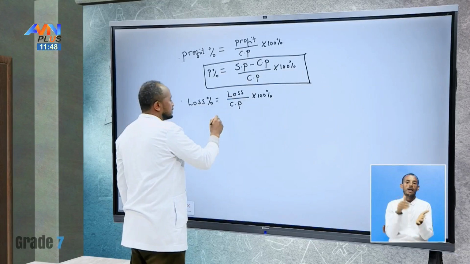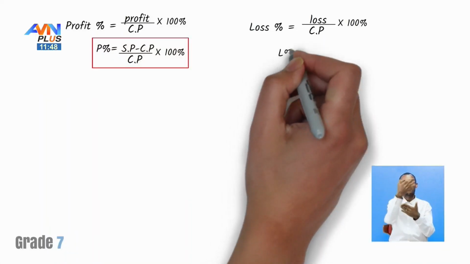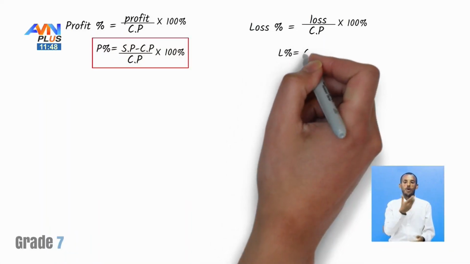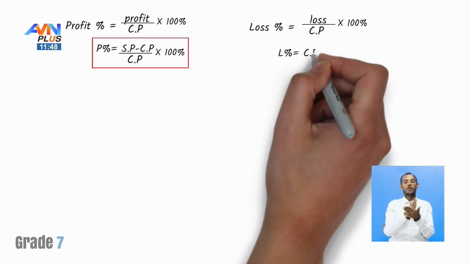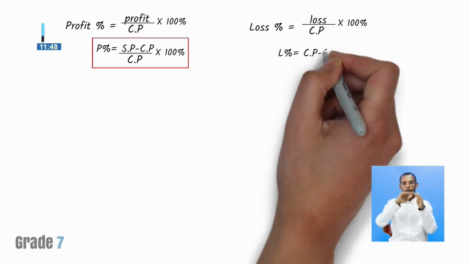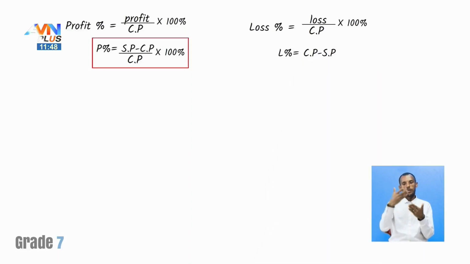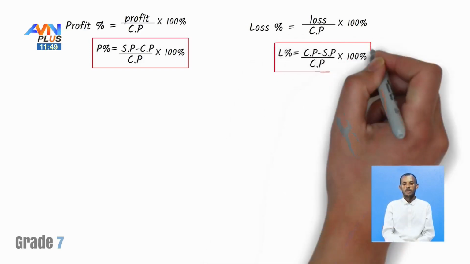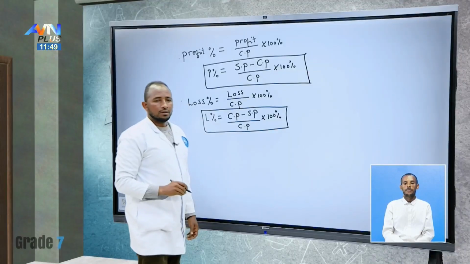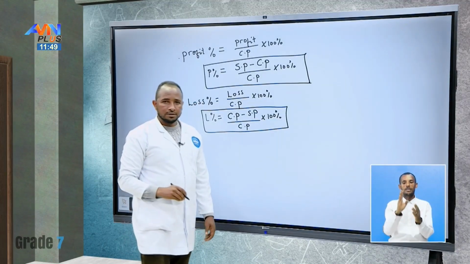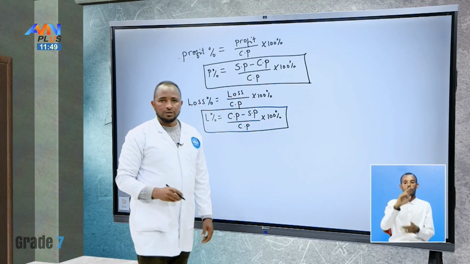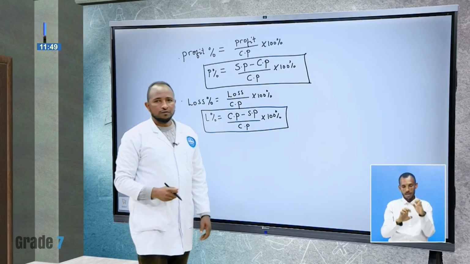Again, we can rewrite this as cost price minus selling price, divided by cost price, times 100% to convert it into percent. So this is the equation for calculating loss percent. Now, let's apply these two formulas in evaluating loss percent and profit percent.